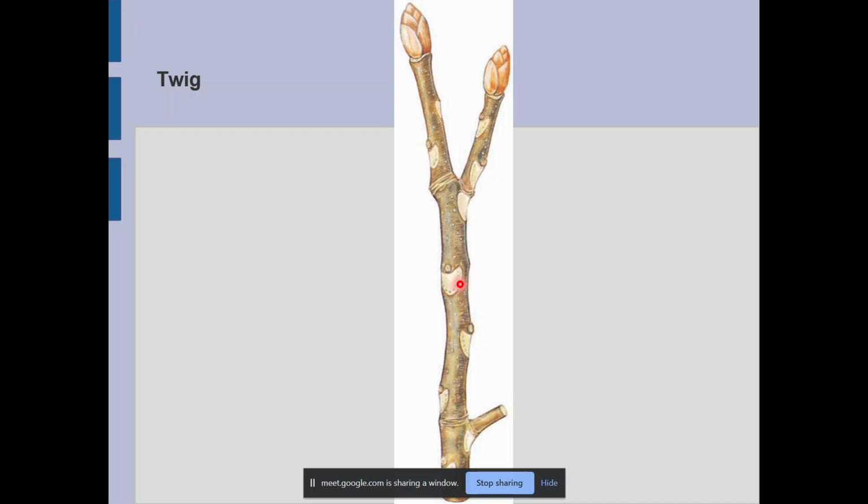So this is a node, and this area is called an internode.